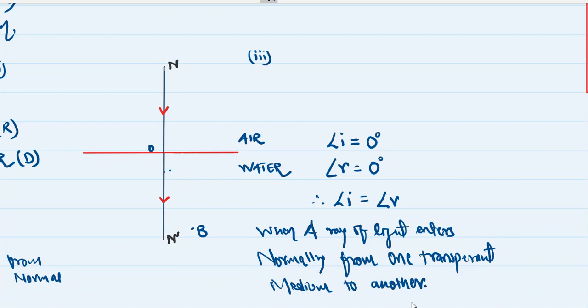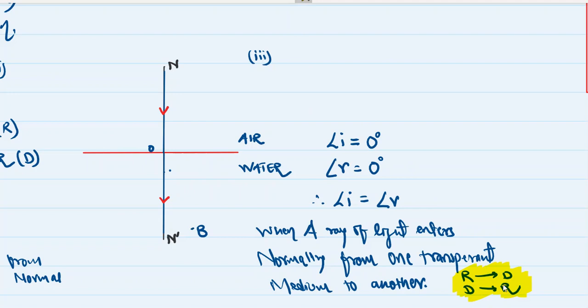Okay, so when a ray of light enters normally from one transparent medium to another, it does not matter whether it enters from rarer to denser medium or denser to rarer medium.